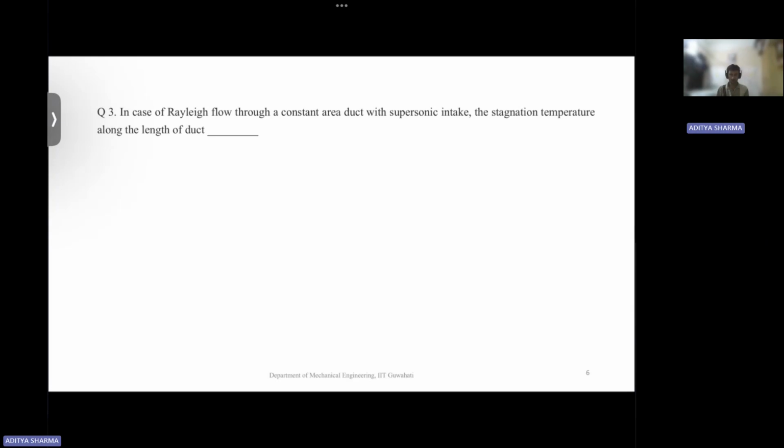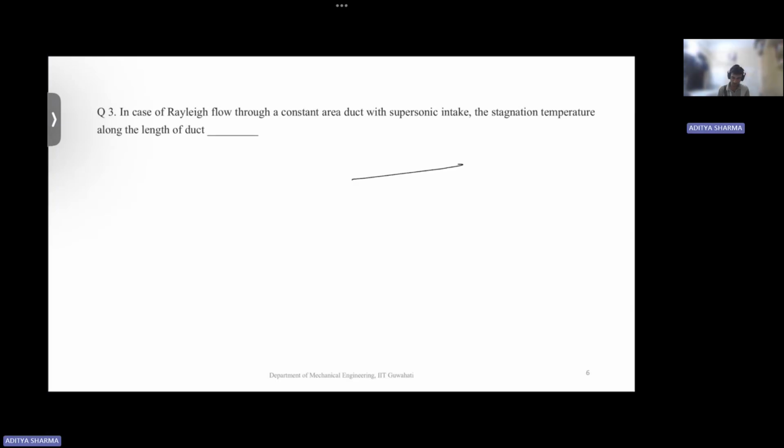So I was talking about question number 3, and it says that in case of a Rayleigh flow through a constant area duct with supersonic intake, what happens to the stagnation temperature along the length of the duct?